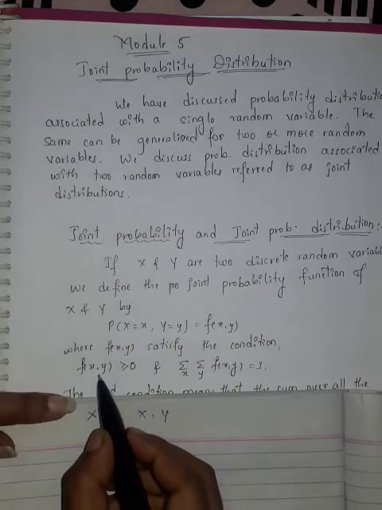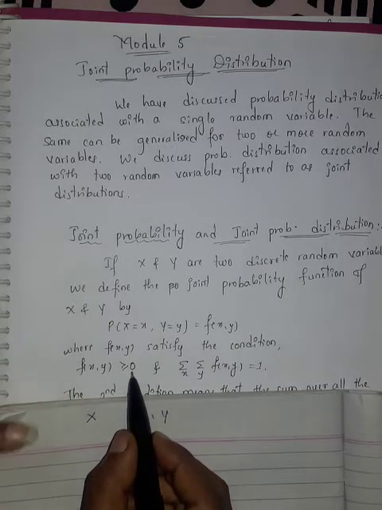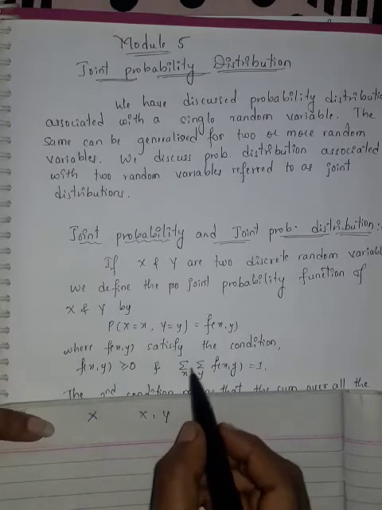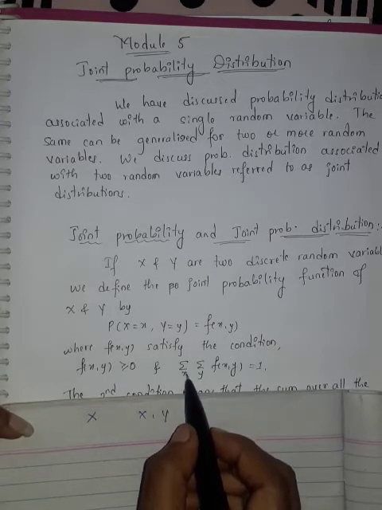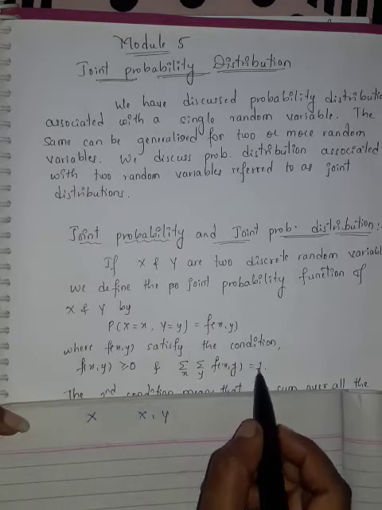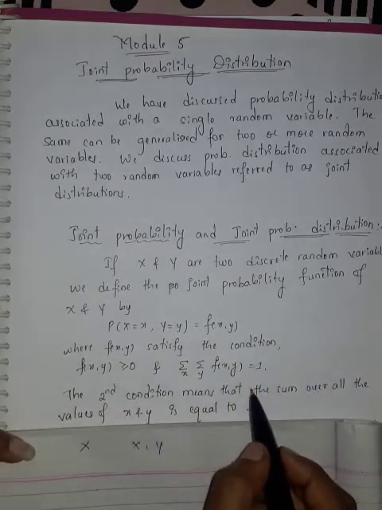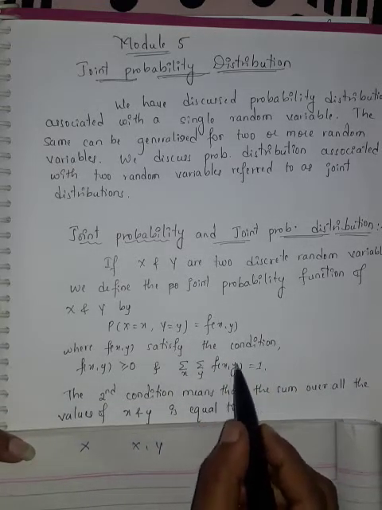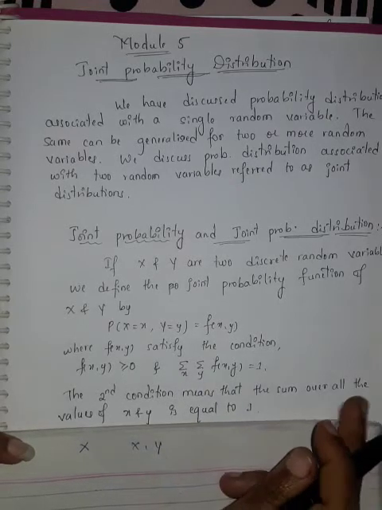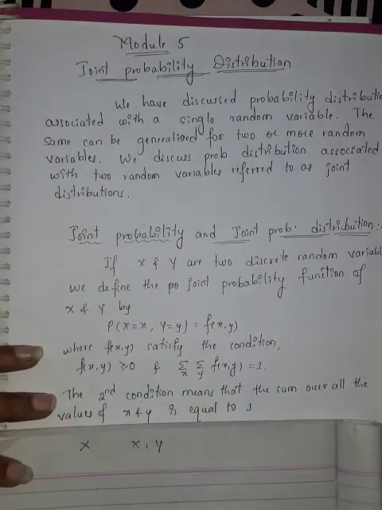One is f(x, y) should be greater than or equal to 0, that is it should be either 0 or positive, and the summation over x and summation over y of f(x, y) should be equal to 1. This means that the sum over all the values of x and y should be equal to 1. So these are the two conditions which f(x, y) satisfies.